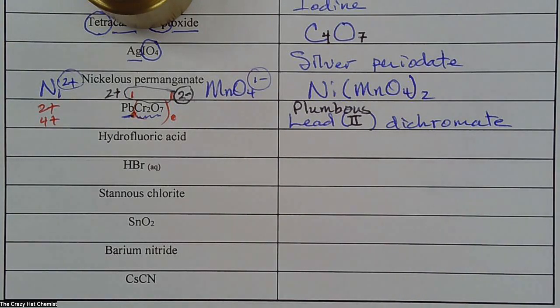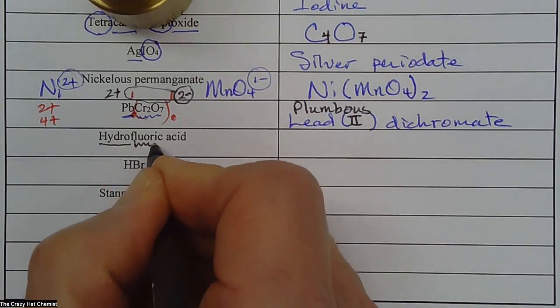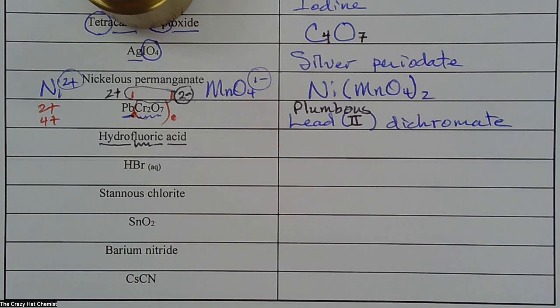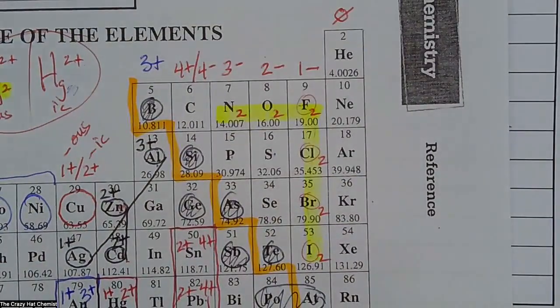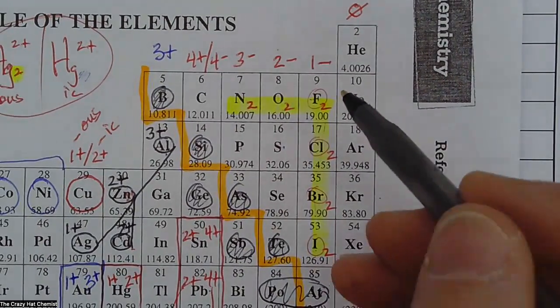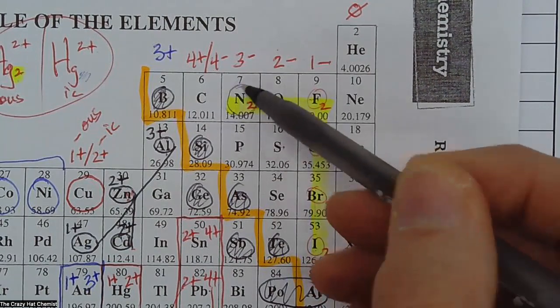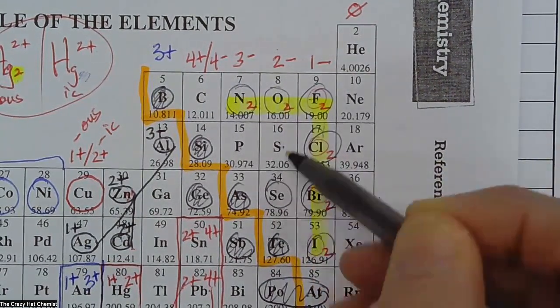All right, the next one is hydro, root word, ic acid. And this is a binary non-metal acid. So binary non-metal acids, there's only a small handful of these, okay? And so that would be this, this, this.